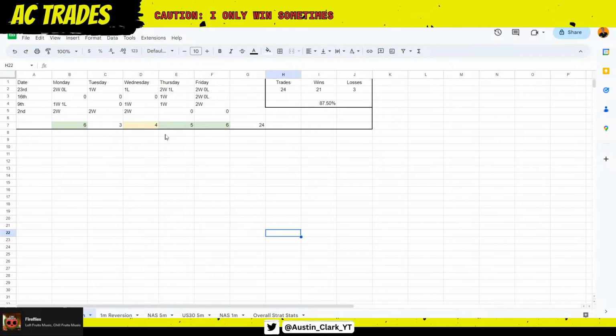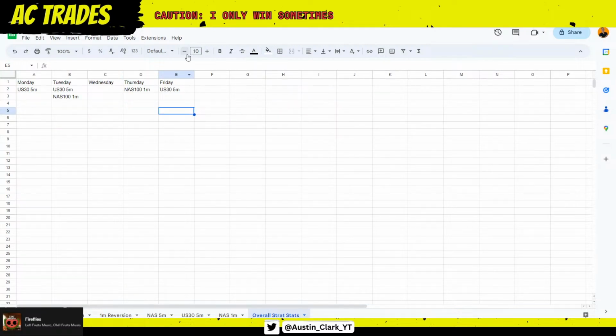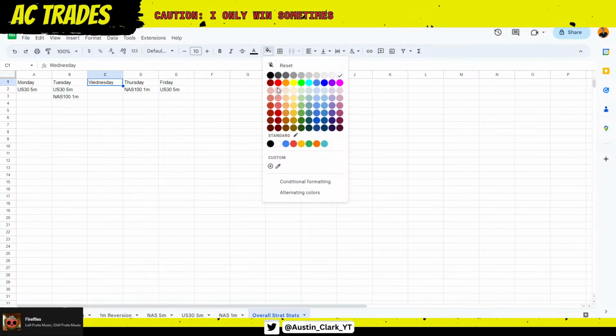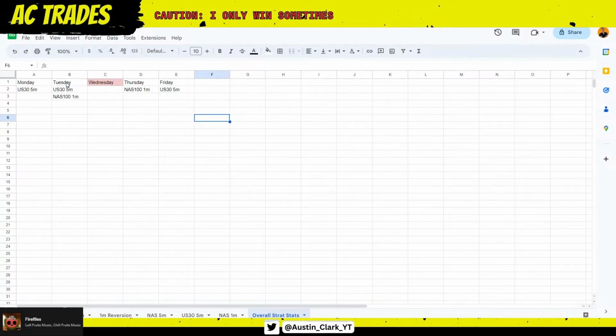I don't think my mean reversion one, I did exactly the days of the week either, but even on Wednesday, this tells me with my personal trading strategy with my mean reversion one, Wednesdays are just not great trading days for how I personally trade. But I do know Tuesdays and Fridays are the best.